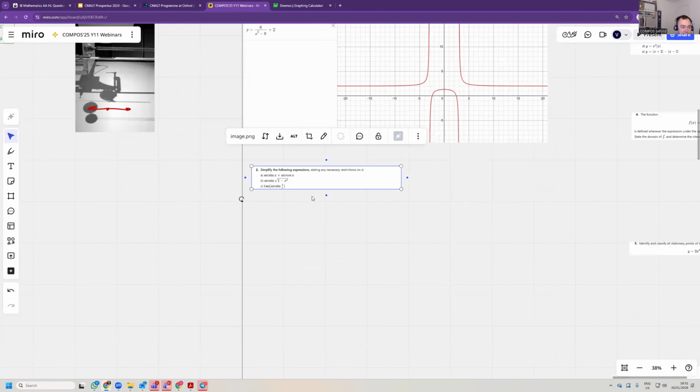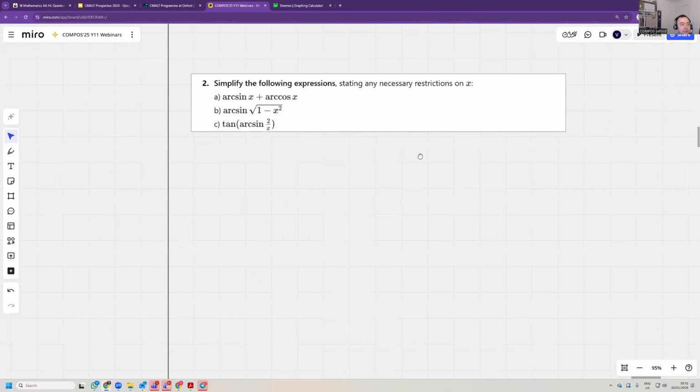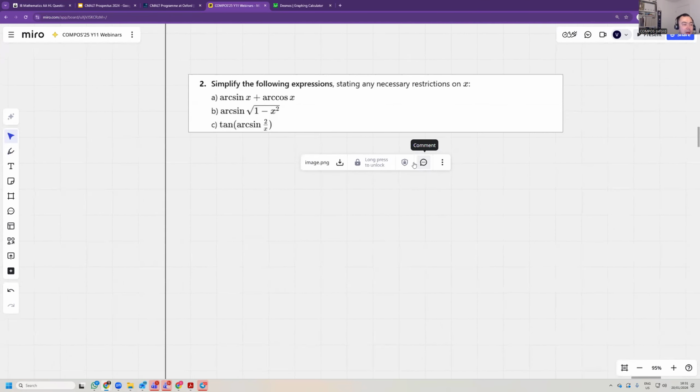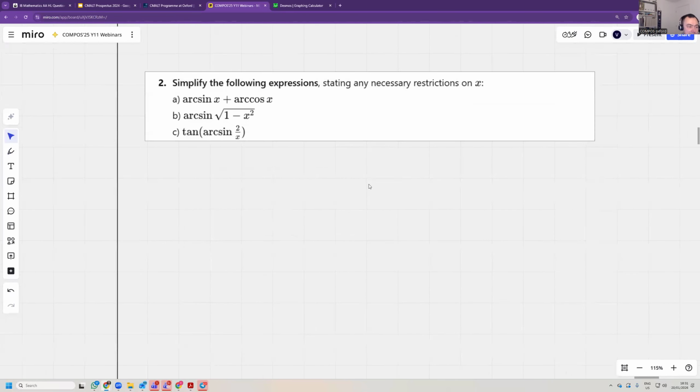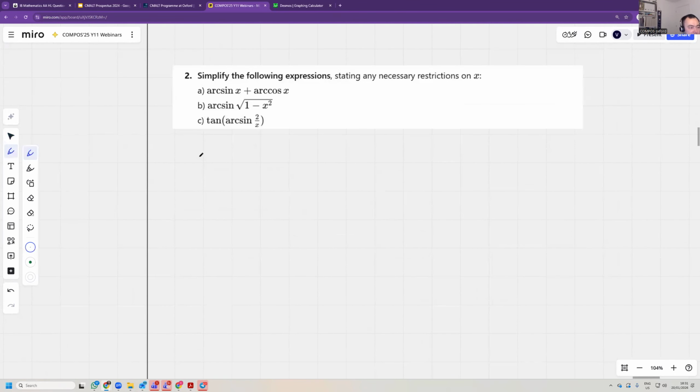Simplify the following expressions stating any necessary restrictions on x. Okay. Well, arc sine x plus arc cos x. First of all, what do we know about arc sine x? So f of x equals arc sine x.